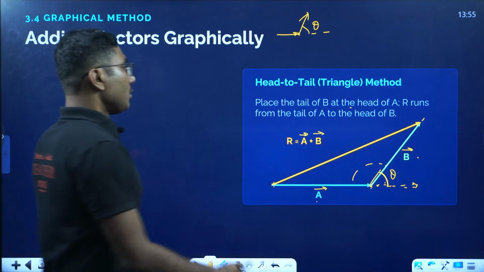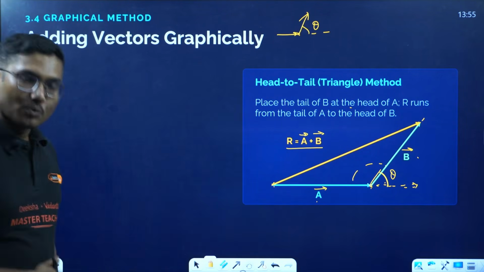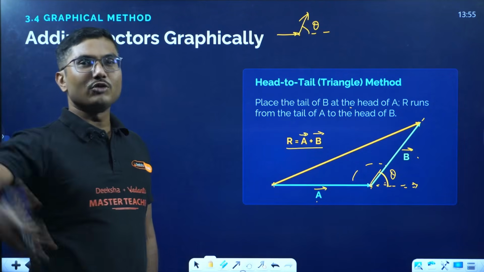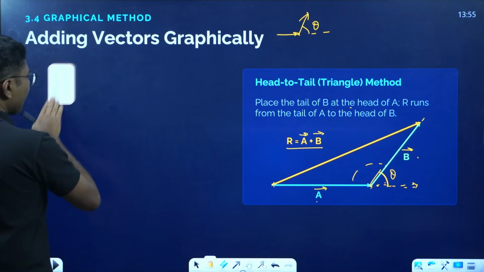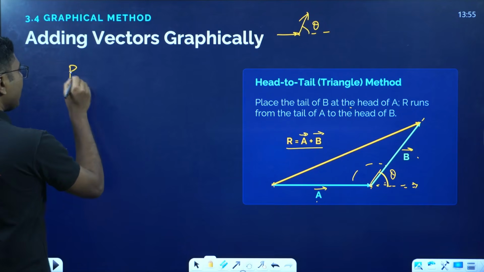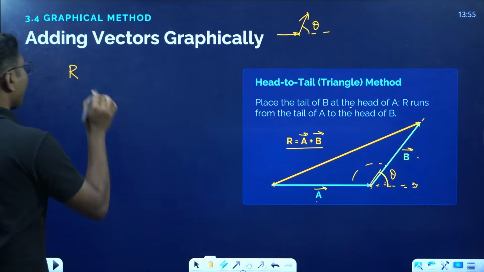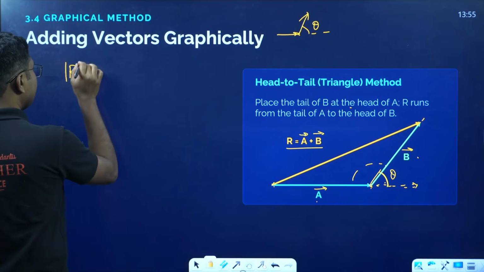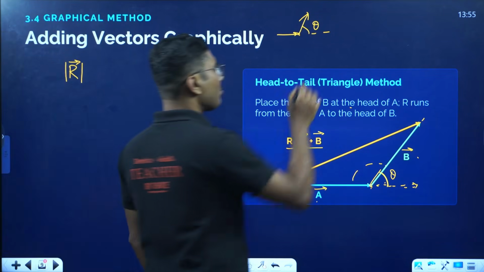Now what will be the value of A plus B? I am saying 2 plus 3 is not 5, or 2 plus 2 is not 4. So here the vector addition can be proven geometrically. The geometric derivation is not in the syllabus. I'm just telling you the value of R. Generally this is the sign of the magnitude. This is called mod.